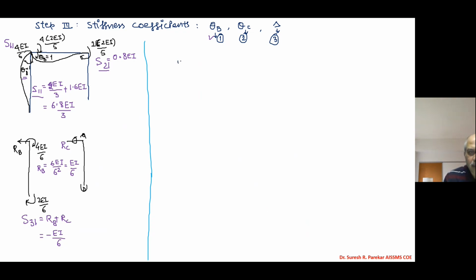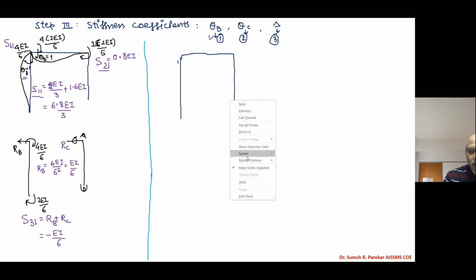So now we go for a unit displacement, which is theta C equal to 1. We will get it like this. We have theta C equal to 1, and here also we have theta C equal to 1.